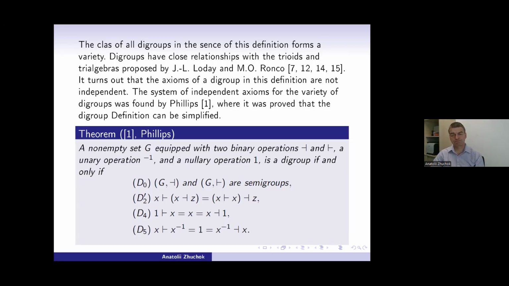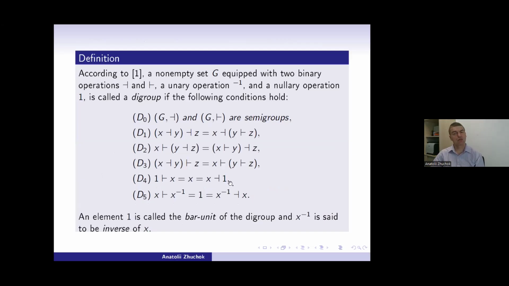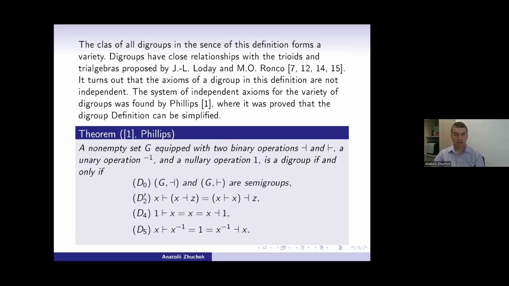Phillips proved that the system of axioms of the group is not independent, and he found a new independent system of axioms for the groups.